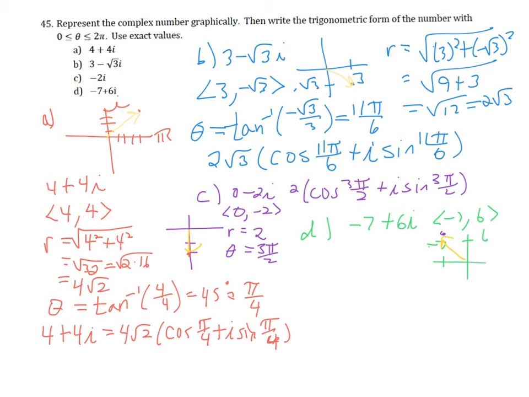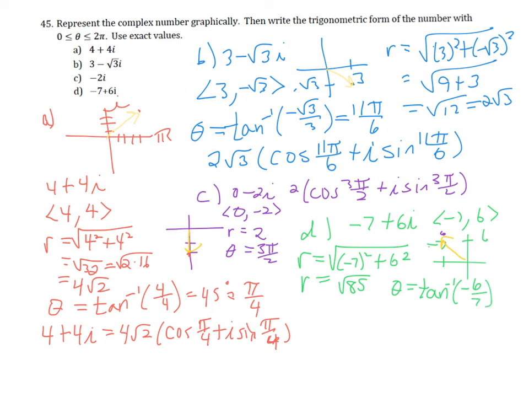So our radius is the square root of negative 7 squared plus 6 squared, which is the square root of 85, and then that can't be reduced any further. The theta this time is the inverse tangent of negative 6 over 7.